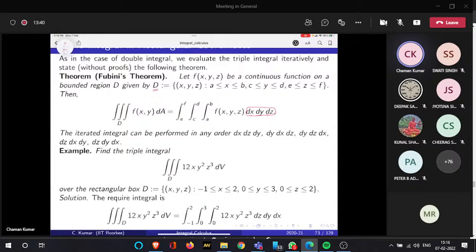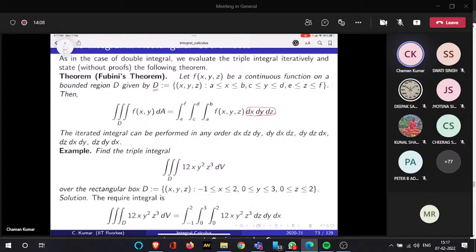So here, on the slide, you see that the integration is performed with respect to the variable x first, keeping y and z constant, and then with respect to the variable y, keeping z constant, and then with respect to the variable z.